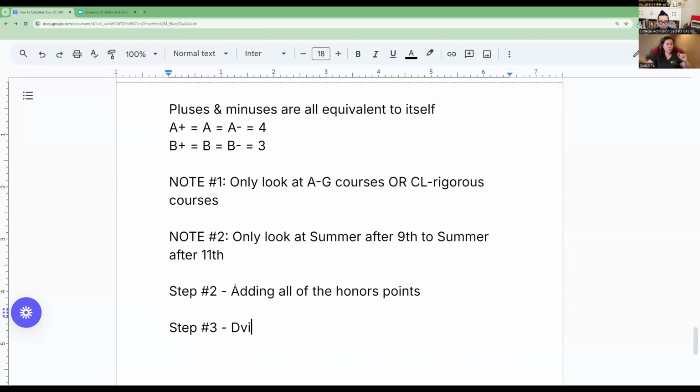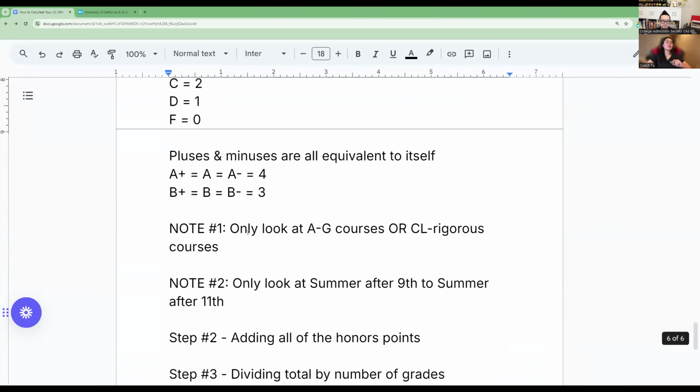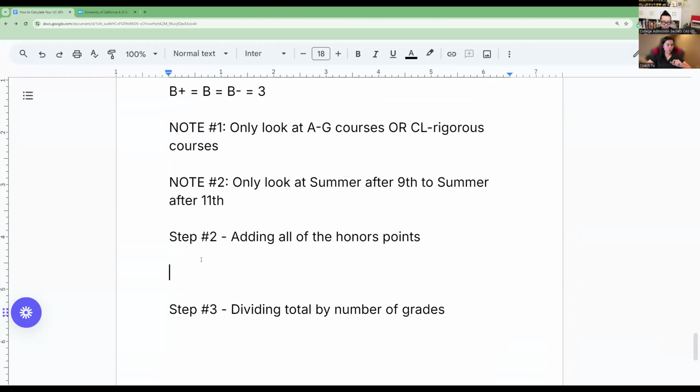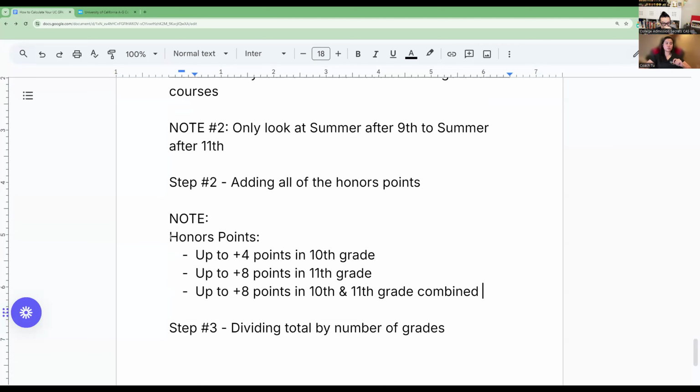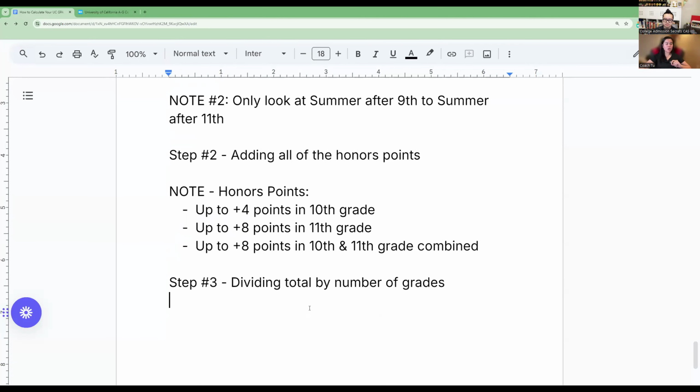With the honor points, just going back to previously, the honor points for the UC GPA are that in 10th grade, you can get up to 4 points. In 11th grade, you can get up to 8 points.